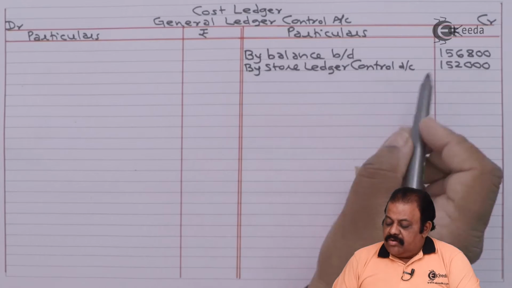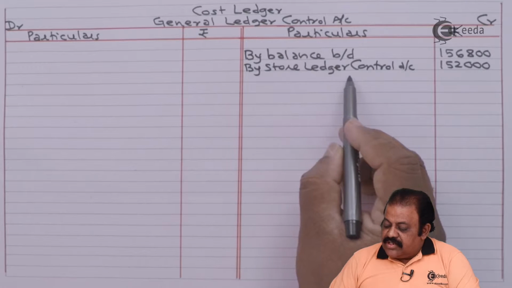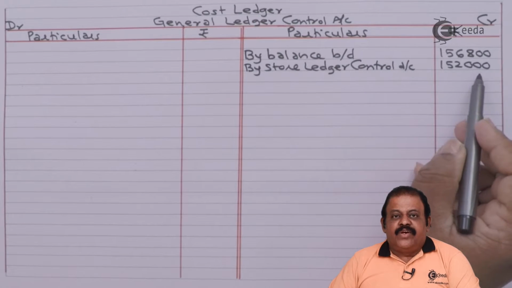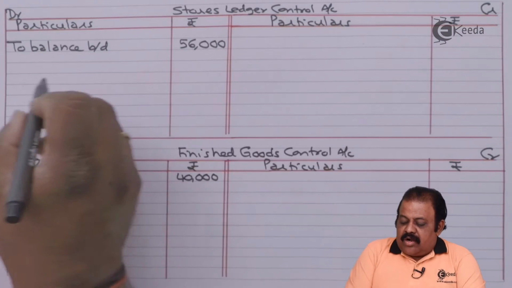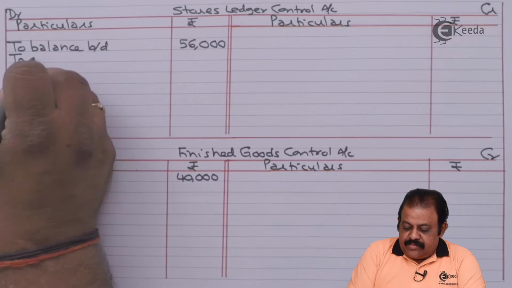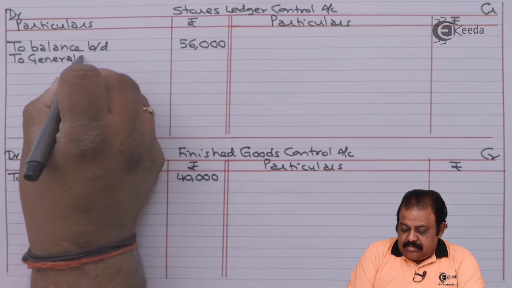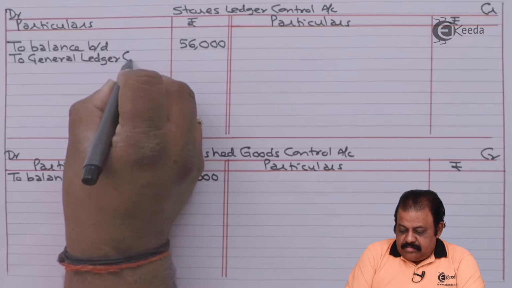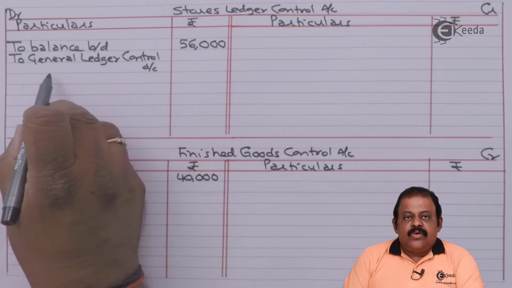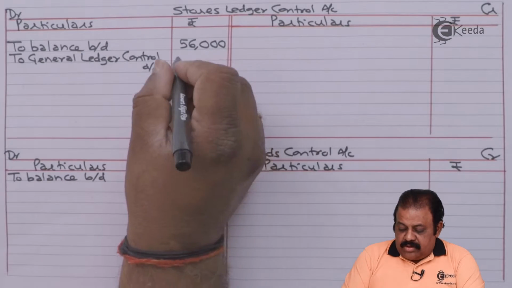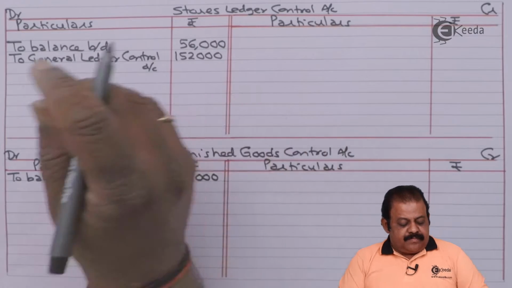General ledger control account credit side, by stores ledger control account 1,52,000. Stores ledger control account debit side, to general ledger control account 1,52,000.